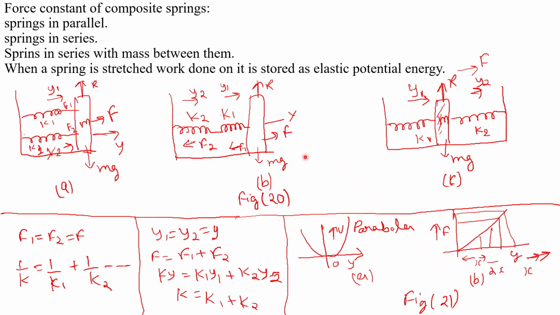So y is equal to y1 plus y2. So F by K is equal to F1 by K1 plus F2 by K2. So this equation is reduced to 1 by K is equal to 1 by K1 plus 1 by K2 and so on.